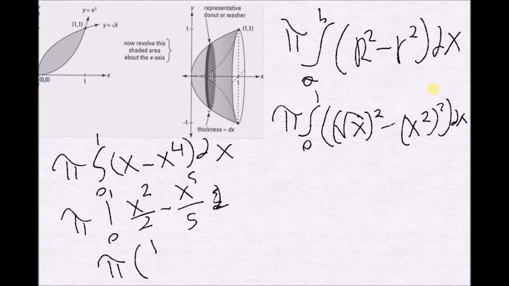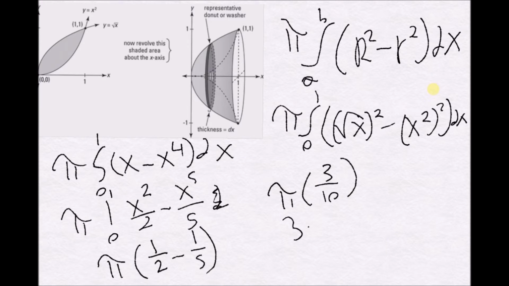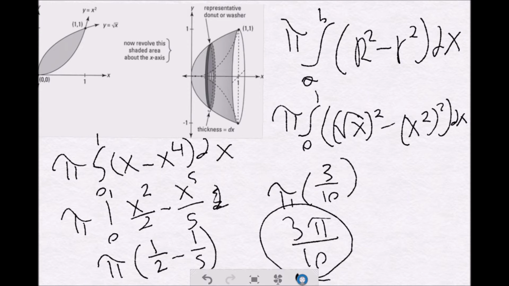And now we're going to plug in 0 and 1 and subtract them. And our final answer is 3 pi over 10. That is the total volume when that is revolved around the x-axis.